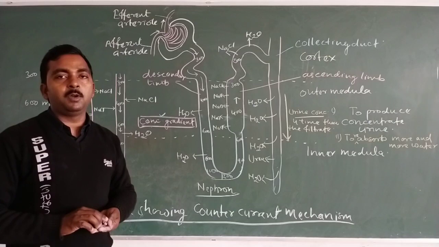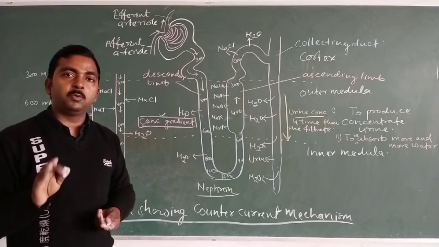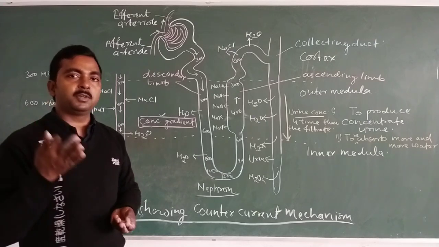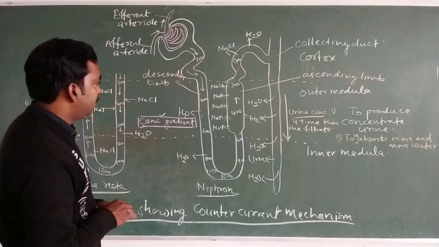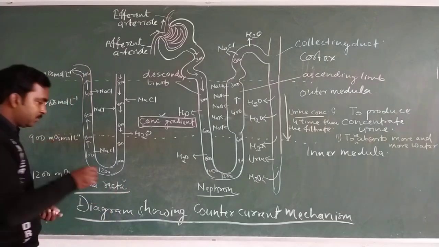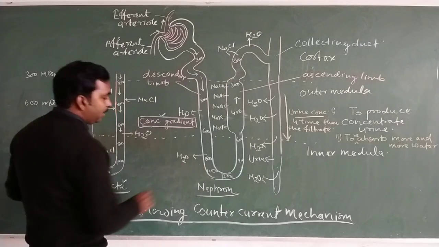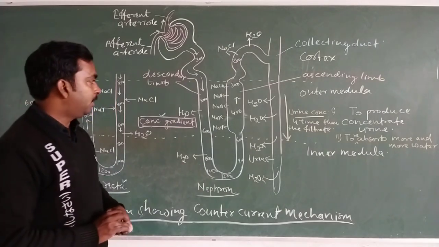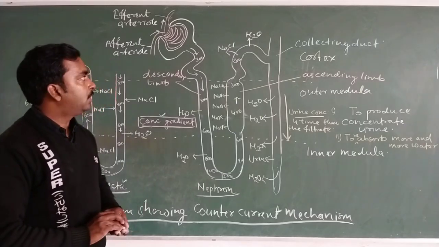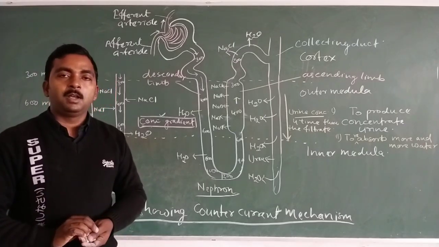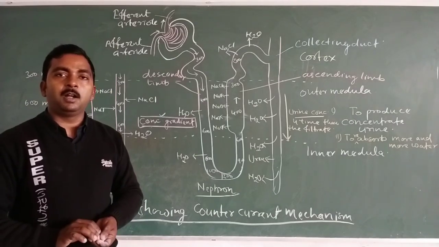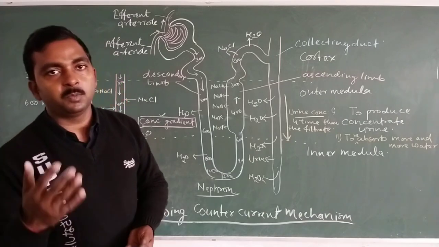That concentration of urine is only possible due to the counter current mechanism shown by the vasa recta and Henle's loop of the nephron. So this is all about the counter current mechanism, which is responsible for making the urine more concentrated.